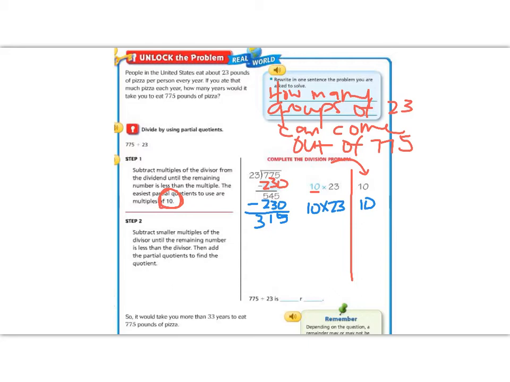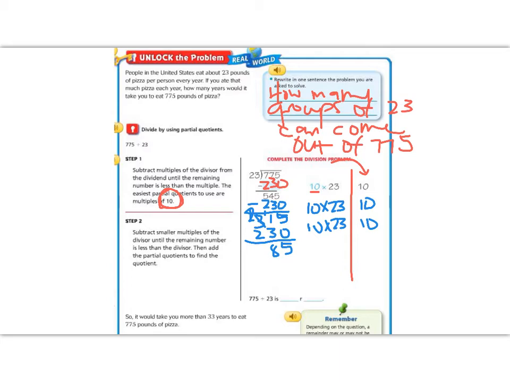So I can write 10 times 23, 10 goes on the outside, and 230 goes underneath, and we subtract. 5 minus 0 is 5. 1 minus 3 we can't do, so we have to borrow. 11 minus 3 is 8, and 2, sorry, that should be a 2, minus 2 is 0. So now we're left over with 85.